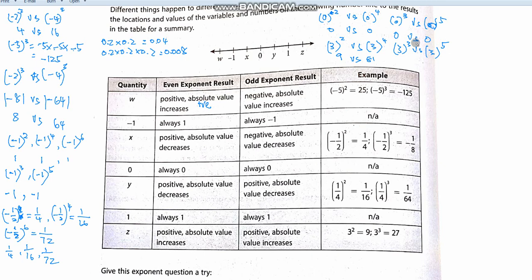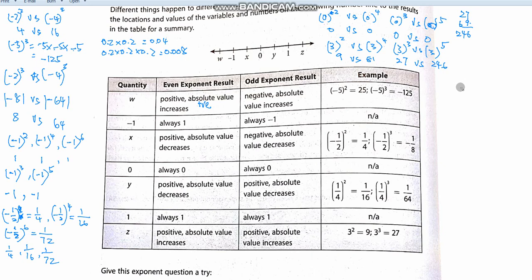You notice that because the base is all positive, this becomes 27. 27 times 9 is 243. So you have a positive base of 3. Whether your exponential is odd or even doesn't matter. You will continue to increase.